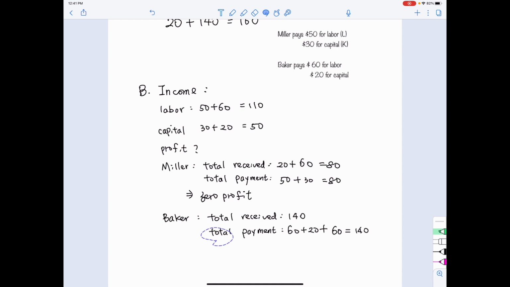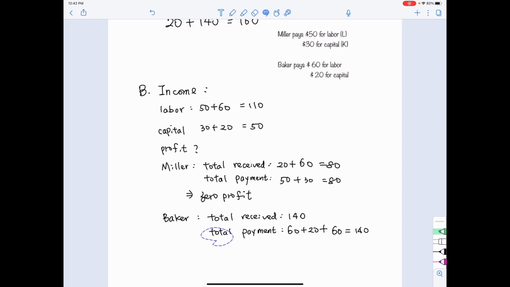In addition to that, you need to remember that the baker uses the intermediate goods. And in here, when we are coming up with the GDP using the income approach, we do not think about the intermediate goods, but we think about the payment that the baker made. The payment the baker made is $60 for buying the flour.